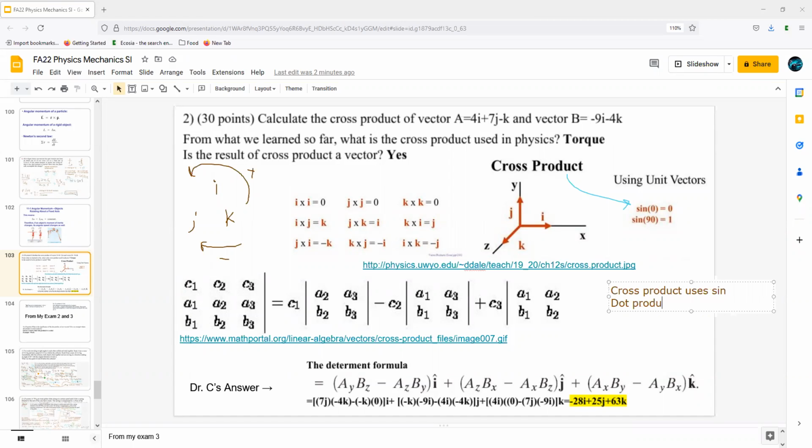Dot product uses cosine. And then remember that cross product results in a vector, while dot product results in a scalar.